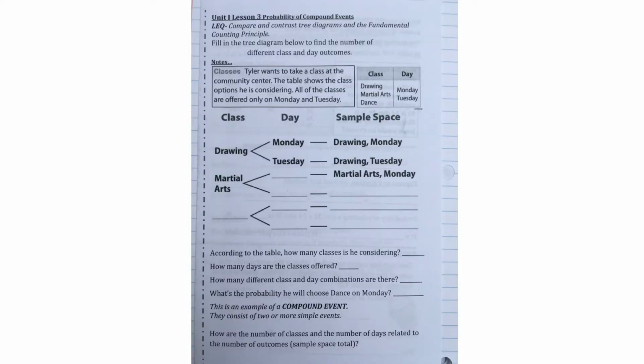All right, so we have drawing, martial arts, and the last one, dance right here. Now, these are going to be offered on Monday and Tuesday. So you can see we have Monday, Tuesday here. So let's just shorthand this M and T for Monday and Tuesday. And then here, our sample space is we could have drawing on Monday and Tuesday.